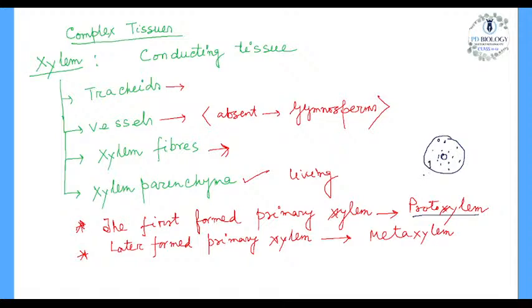This arrangement in the stem is called endarch. Remember this one. It's very important for this type of question. When the protoxylem is nearer the pith and metaxylem is in the peripheral zone in the stem, this arrangement is called endarch.